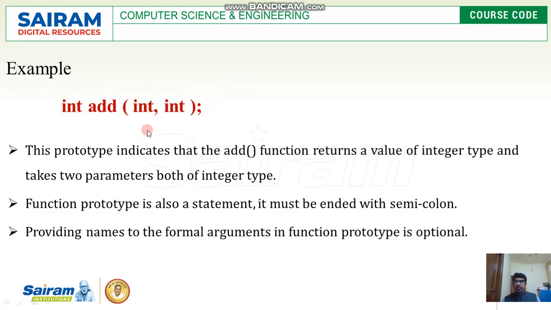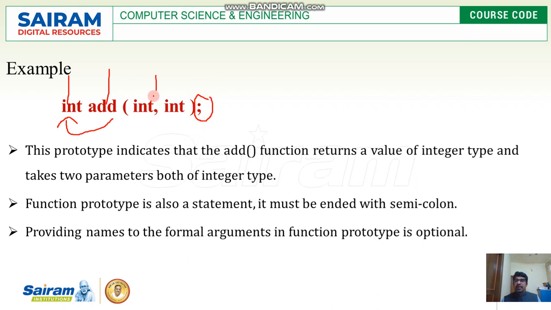For example, if you look at the add function, you can see again, this is a type, function name, and parameters. What does it say? Your add function returns an integer value, and your function prototype should end with a semicolon.